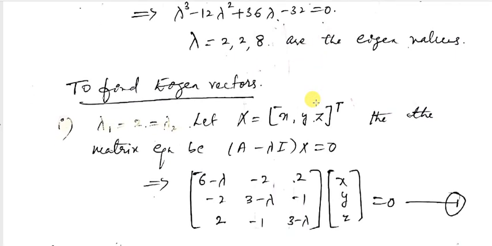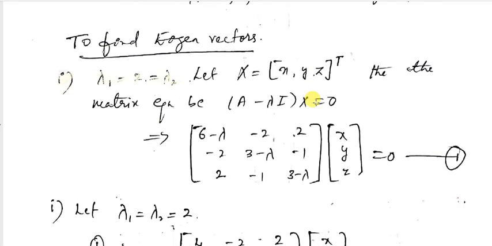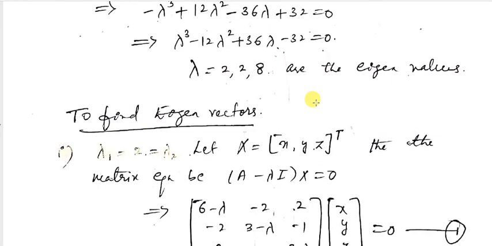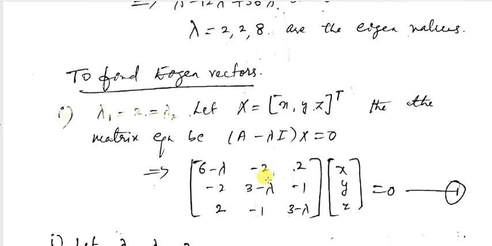Let us denote the roots by lambda 1, lambda 2 and lambda 3 respectively, and find the corresponding eigenvectors. Since we have repeated eigenvalues 2, 2, let us take lambda 1 equal to lambda 2 equal to 2 and get its corresponding eigenvector.